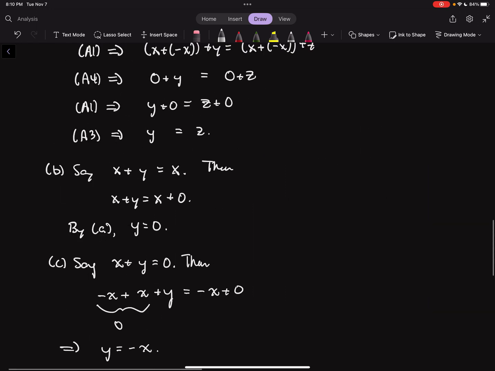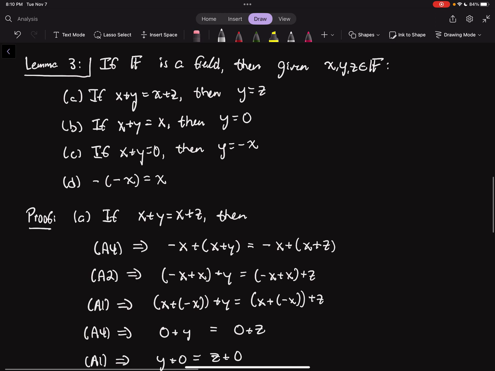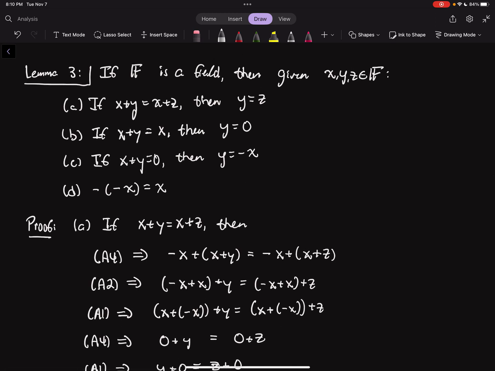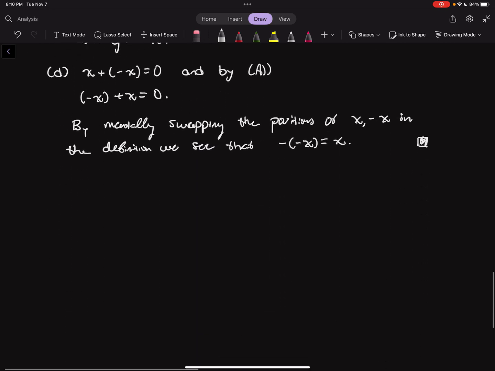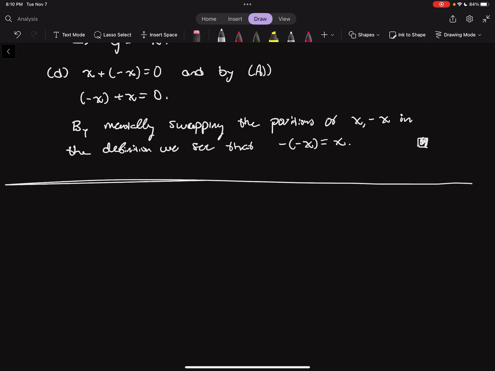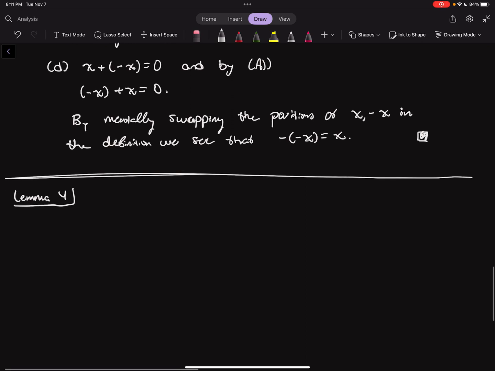And if you think about it, this kind of begs us to formulate corresponding properties for multiplication. And we can do that. I'll do it really quickly. We'll call it lemma 4. Let F be a field.